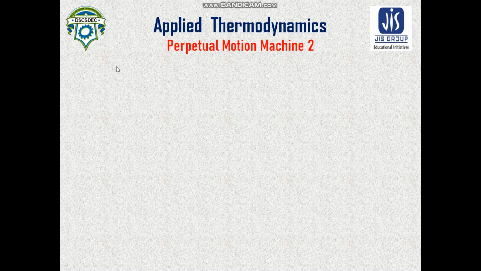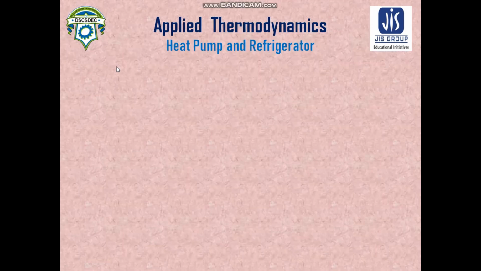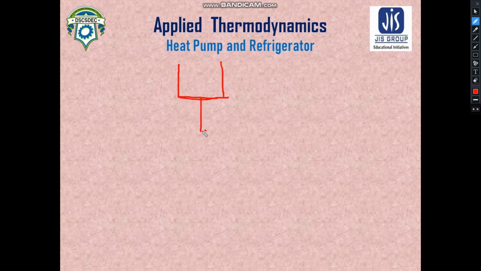So with this, let us see the reverse case of the heat engine. In case of heat engines, we have seen that it is taking heat from a high temperature reservoir and it is rejecting heat to the low temperature reservoir, and within that it is giving some work output, right?